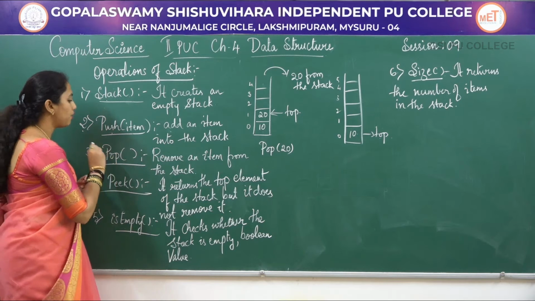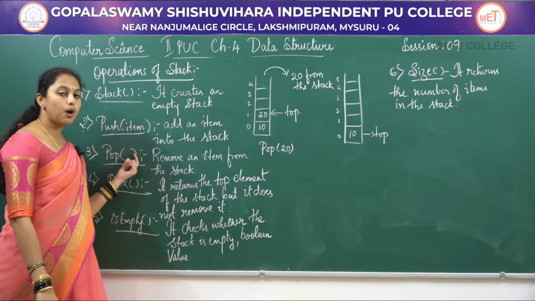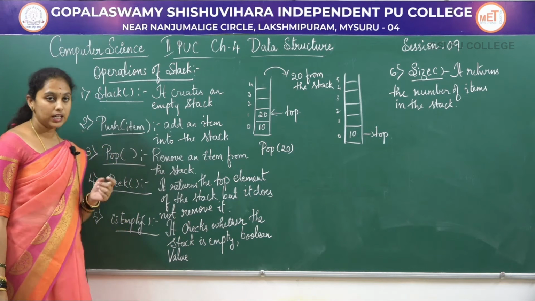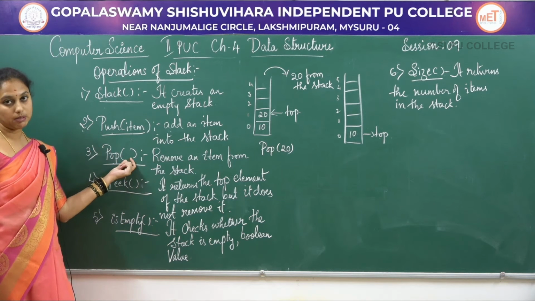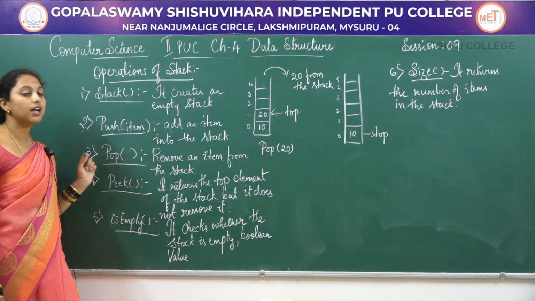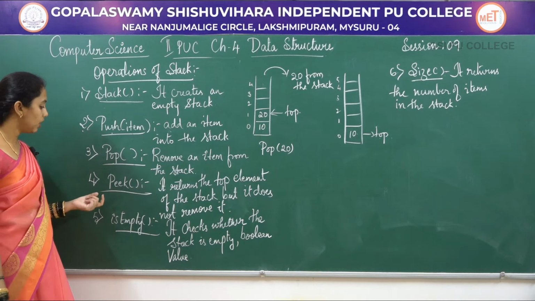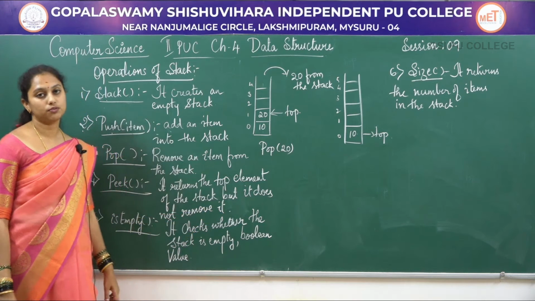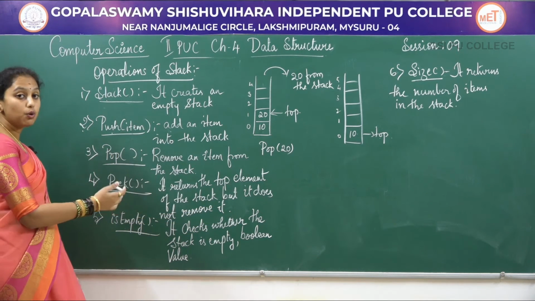When it comes to the pop function, using this pop function, we can remove an item from the stack. It does not need any parameters, but it will return the value and it modifies the stack. When it comes to the peek function, it returns the top element of the stack, but it will not remove it from the stack.